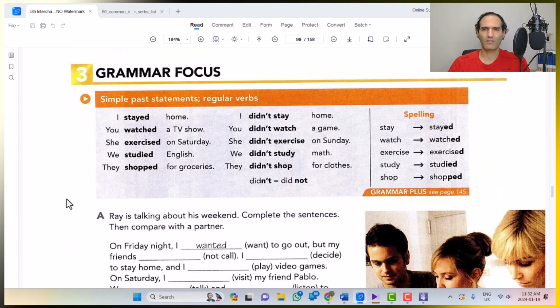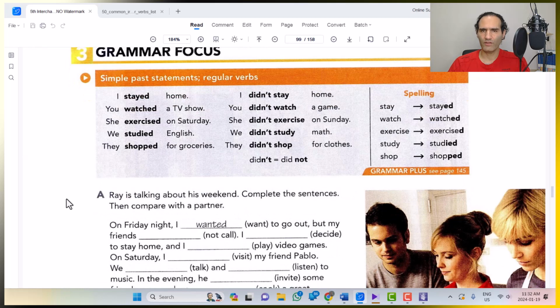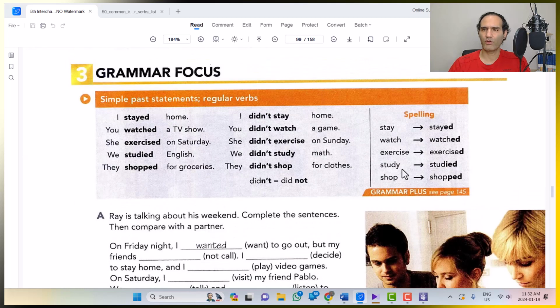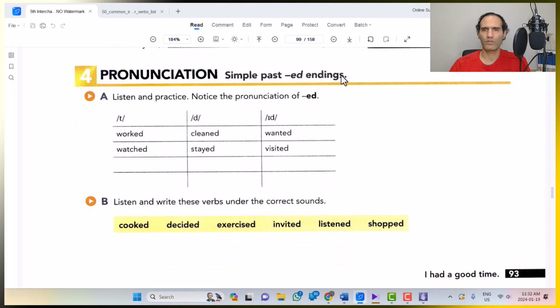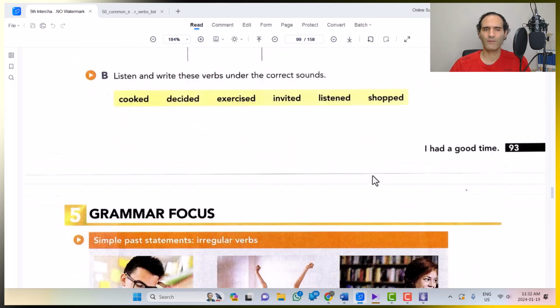Past statements with regular verbs, we talked about that. This part talking about the spelling was interesting and useful for you guys. And under pronunciation, we talked about how to have different pronunciations of past tense ed verbs. In the word file, I will talk about that.